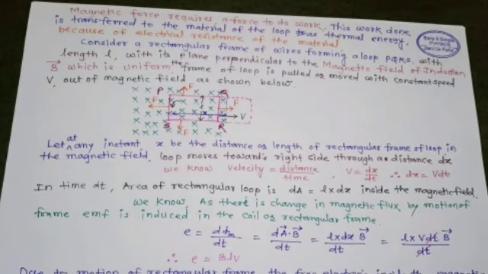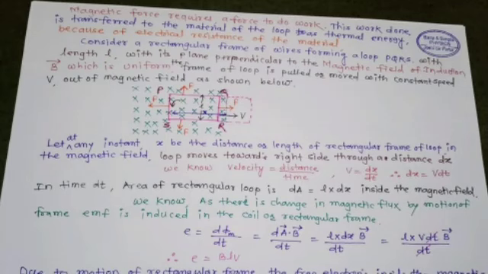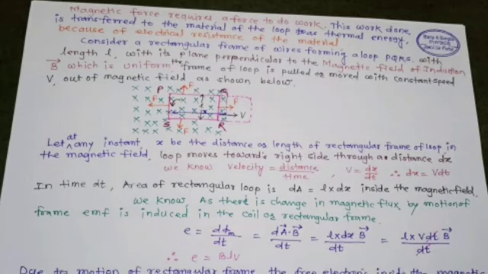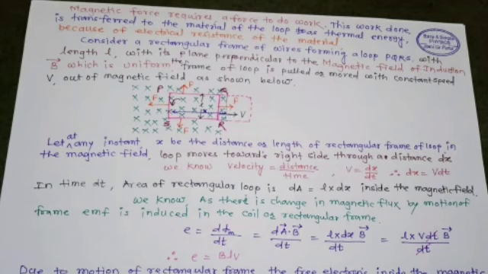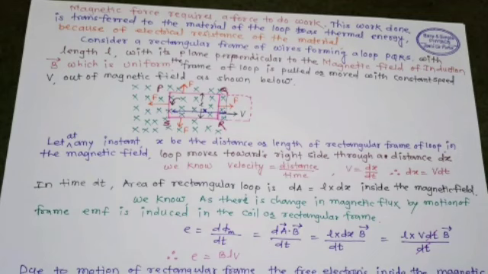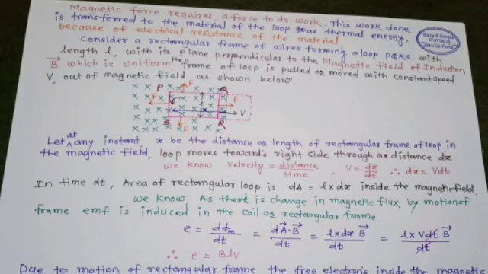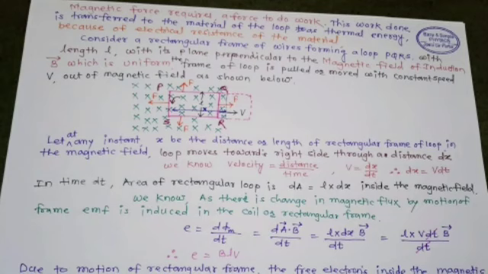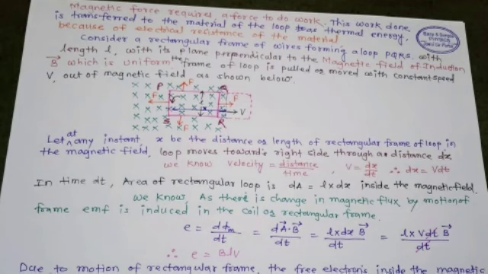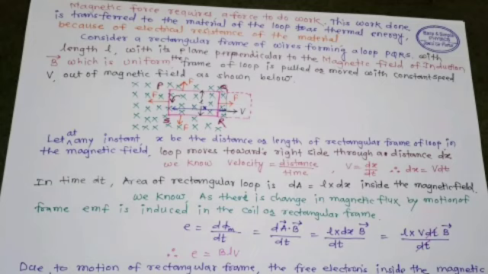The external agent requires a force to do work. This work done is transferred to the material of the loop as thermal energy because of the electrical resistance of the material.